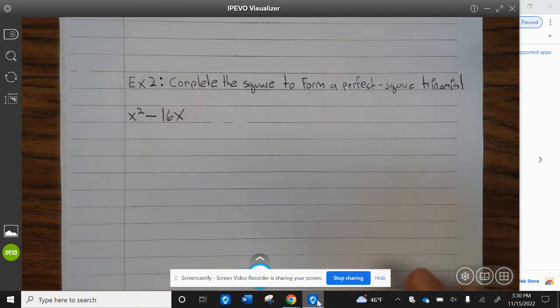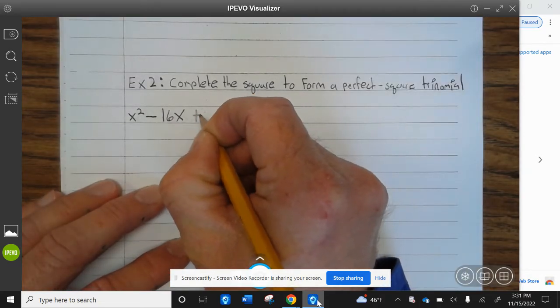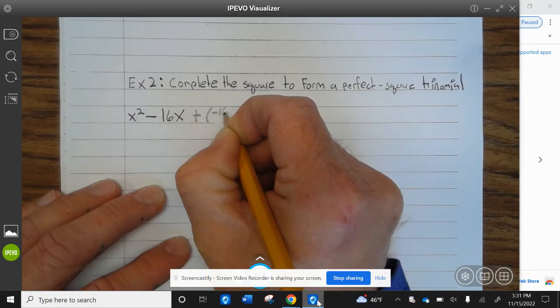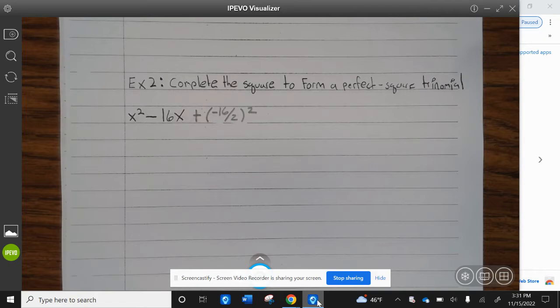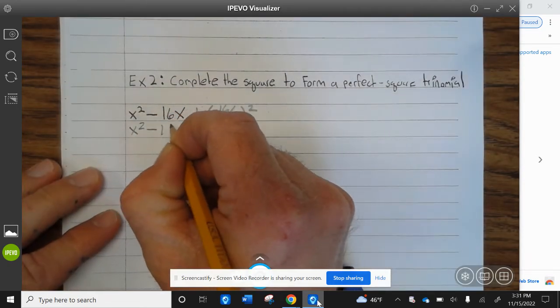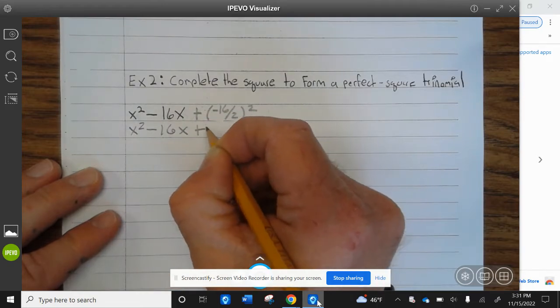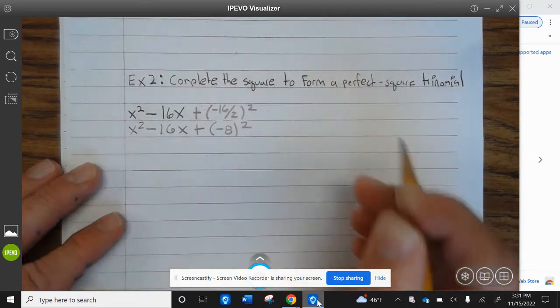All right, let's take a look at example 2. Okay, so we're going to start by adding negative 16 divided by 2 squared, which is x squared minus 16x plus negative 16 divided by 2 is negative 8 squared.